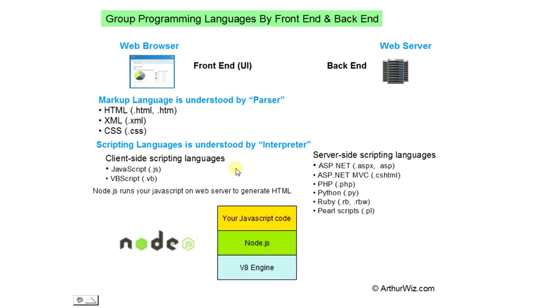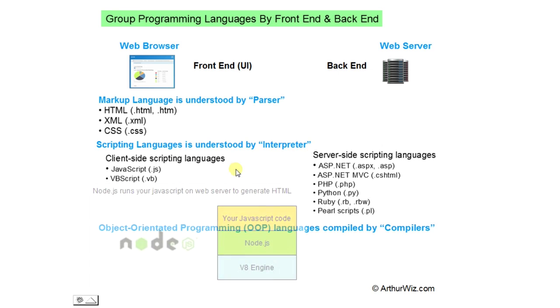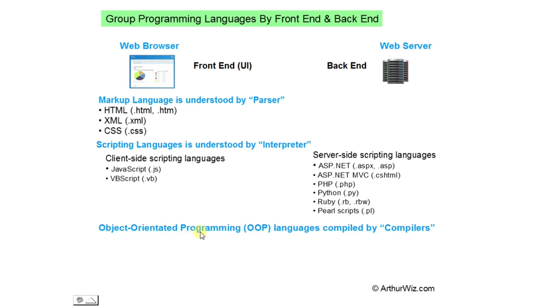For the heavy-duty programming, it is usually done by object-oriented programming (OOP) languages, since they can be compiled into files that are ready to be used by the machine directly.